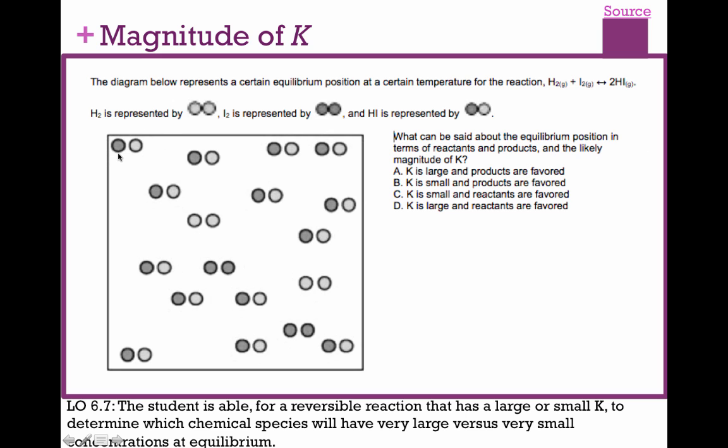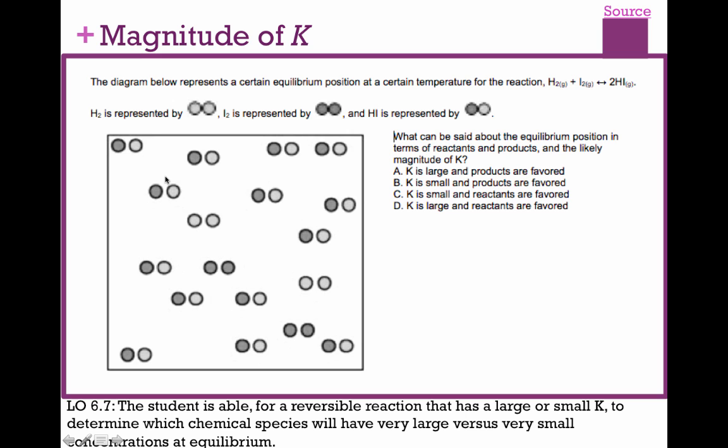So what we want to do is compare how many products we have versus how many reactants that we have. So if you look at this particle diagram, what do we have more of in this picture? We have more products. We have more HI because I see a lot more of the one dark, one light circle than the ones that are the same.